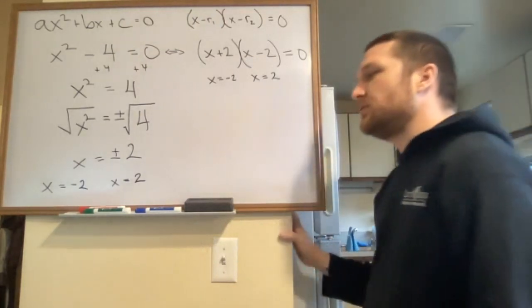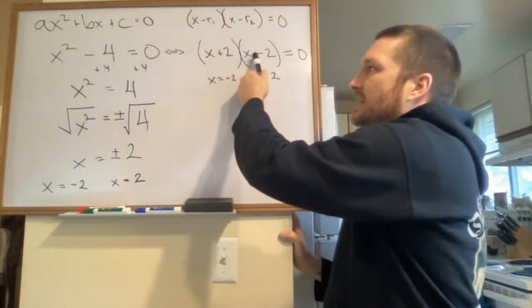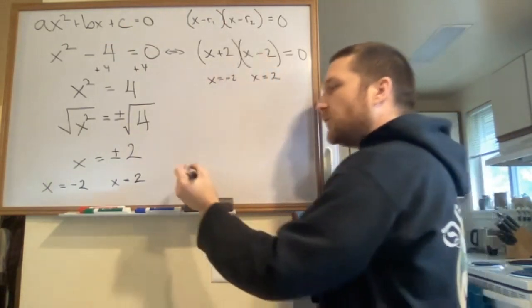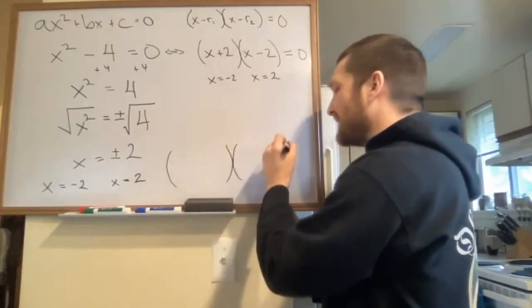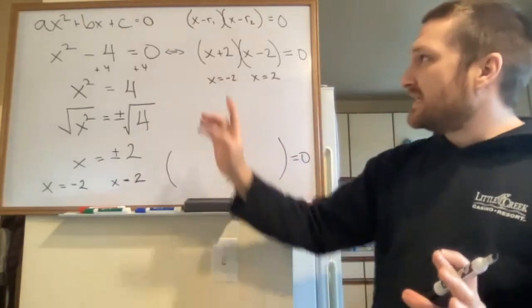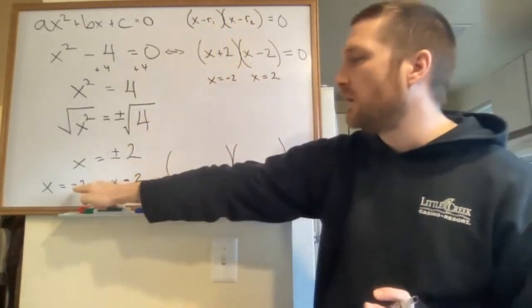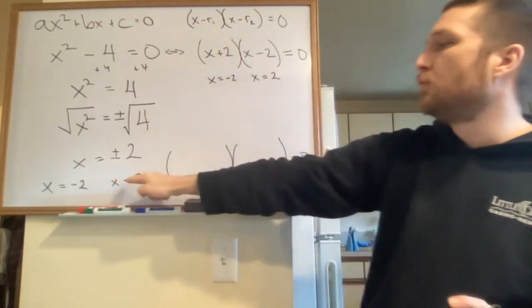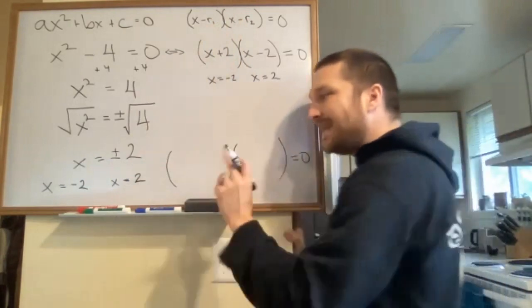And what I'm going to introduce right now, yes, we wrote it as x plus 2 and x minus 2. But what's really going to help us in the days to come is to write it as x minus in both cases. So what I'm saying is, given 2 roots to a quadratic, root 1, which in this case is -2, and root 2, which in this case is +2, we can write it in this way.